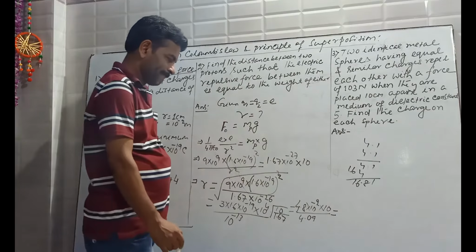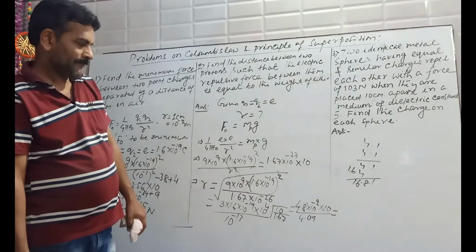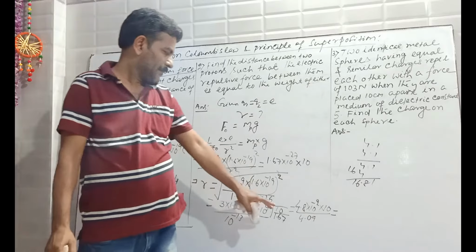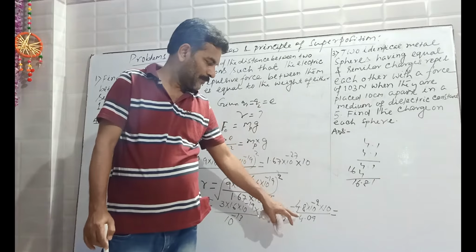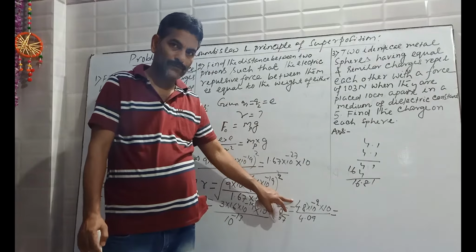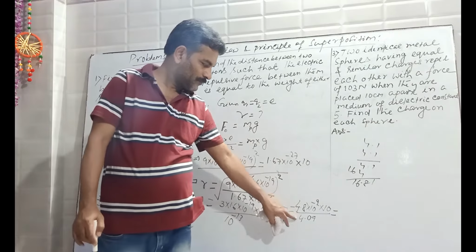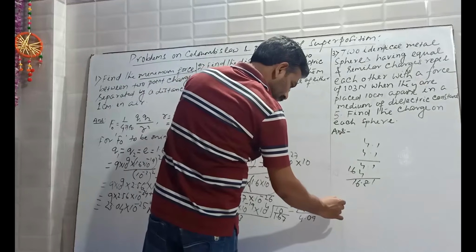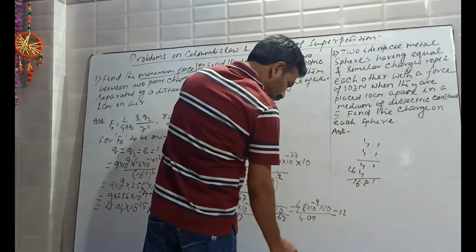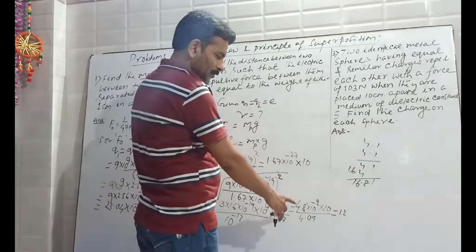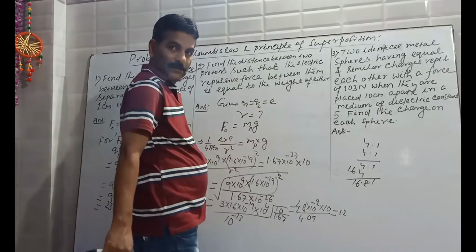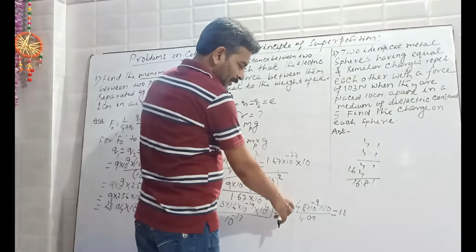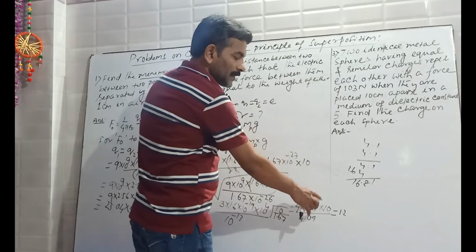Finally, you take it is 4, so it will be 1.2 into how much? 10 to the minus 1. 1.2 into 10 to the power minus 1.